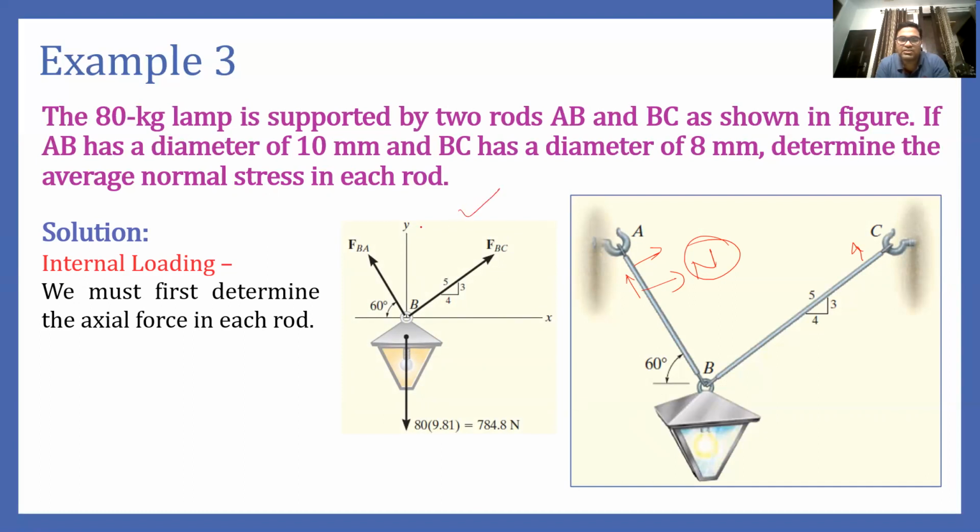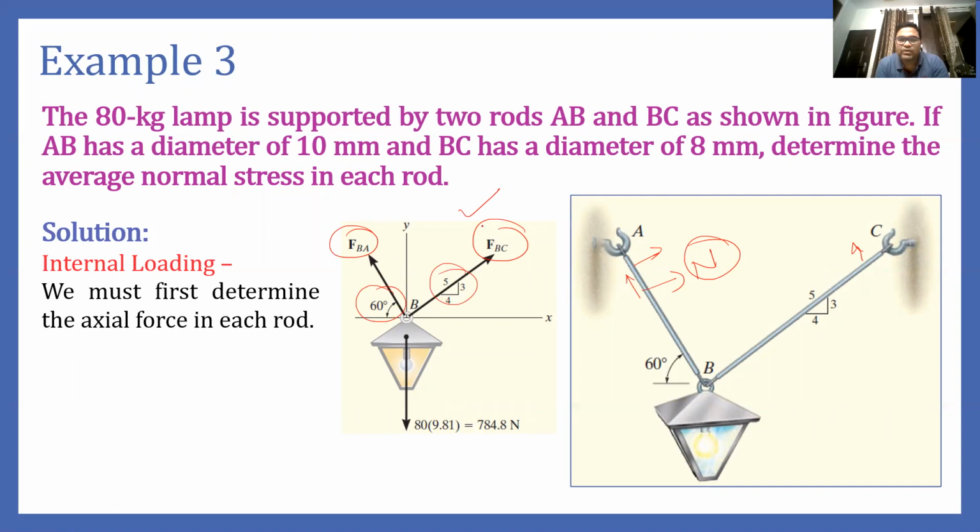We have done statics in structural mechanics, so we can easily find out the force in bar AB or BA and in bar BC. The angle with reference to the x-axis and y-axis is also given. With reference to the x-axis, the angle of bar BA is 60 degrees. Similarly, the slope for bar BC is given.